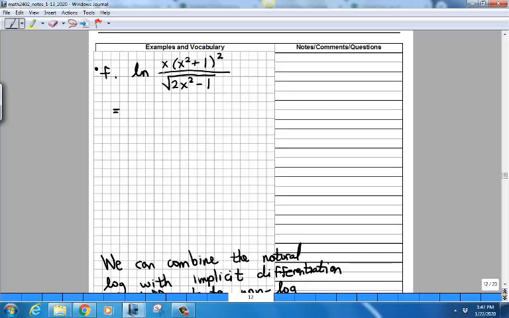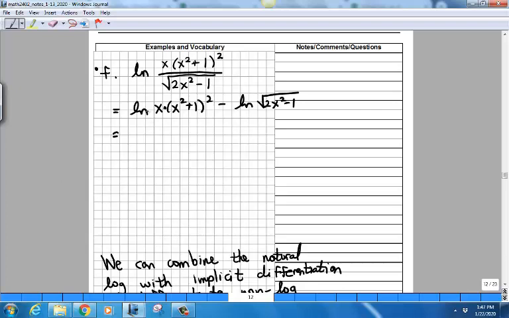So first, notice this is natural log of a quotient, a natural log of a fraction. So when you have natural log of a fraction, remember, you can break that up as natural log of the top minus natural log of the bottom. That's the first step, right? Top minus bottom. Now we have natural log of a product.